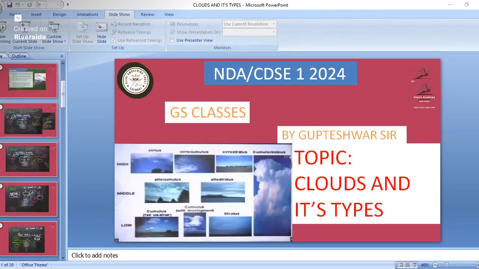So now for studying clouds, one most important condition is the relative humidity. So relative humidity means what? This relative humidity will be 100%. From this diagram you can understand how that takes place, and I have mentioned the formula in the next part.